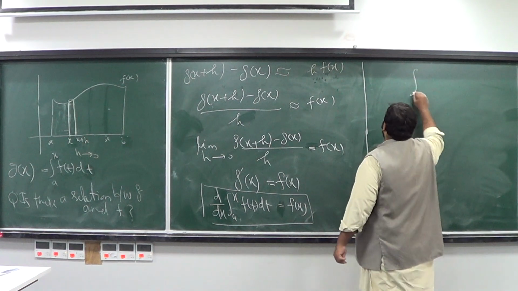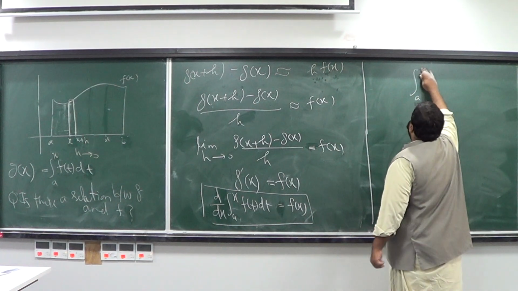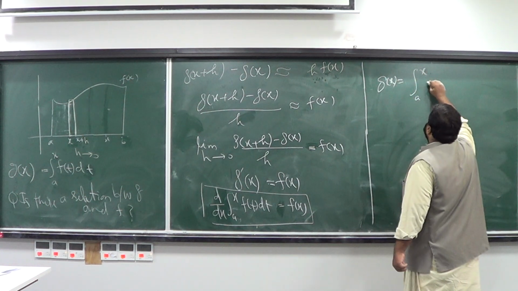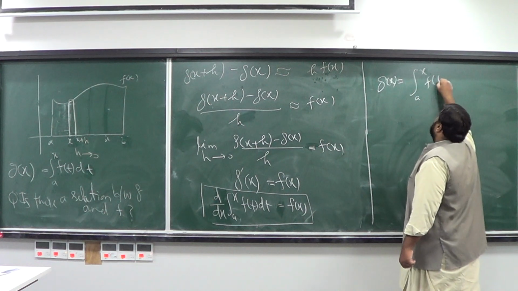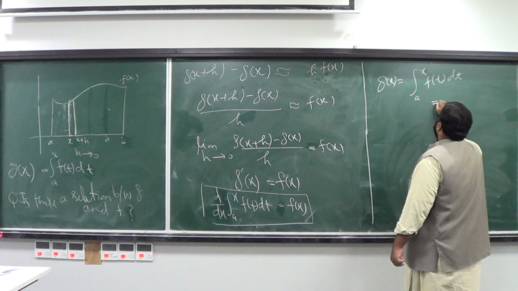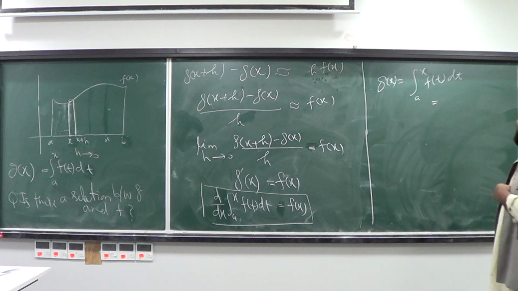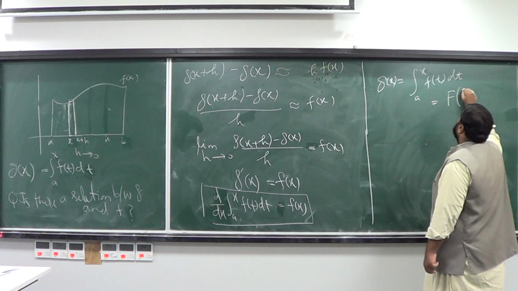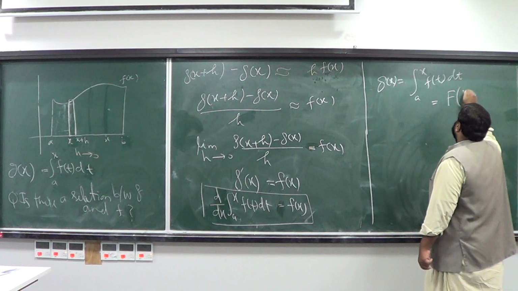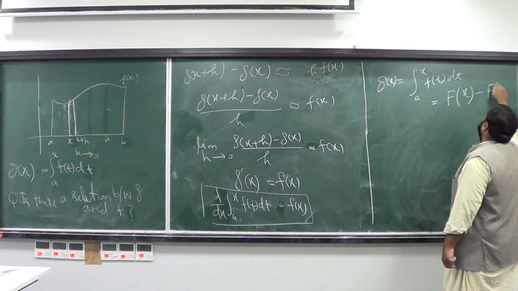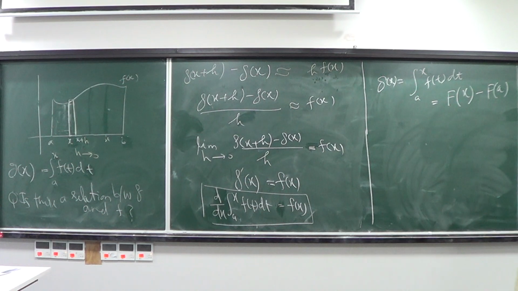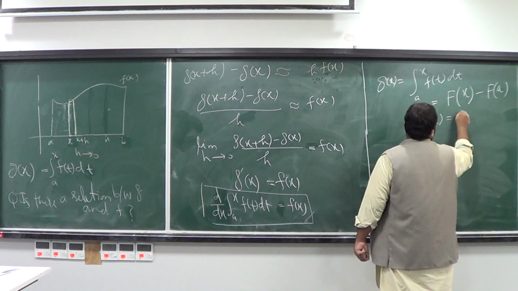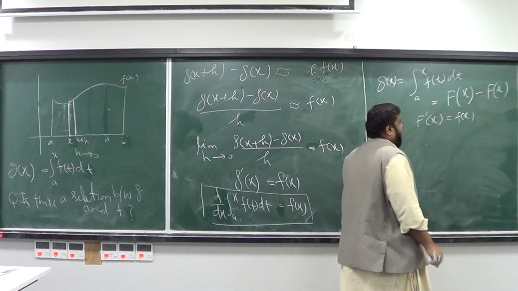I've described it before actually, that if you take, say, a to x, so your g of x is integral from a to x of f of t dt, then by the fundamental theorem of calculus, if f is a constant function, this is going to be the antiderivative of f evaluated at x minus the antiderivative of f evaluated at a, where this capital F is the antiderivative of small f actually.